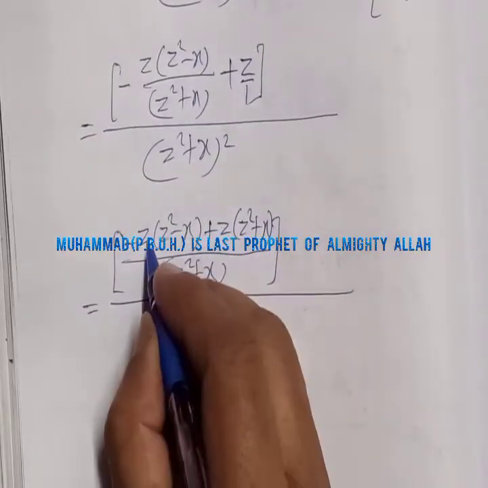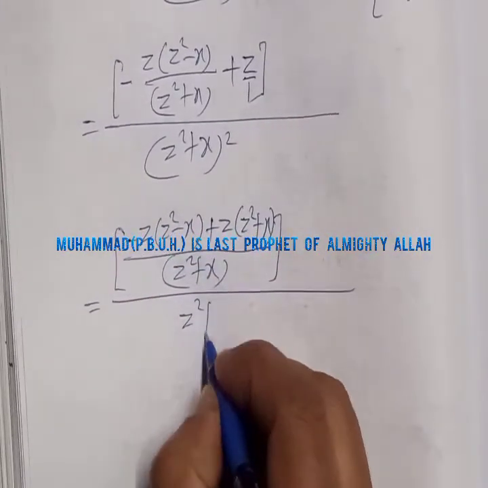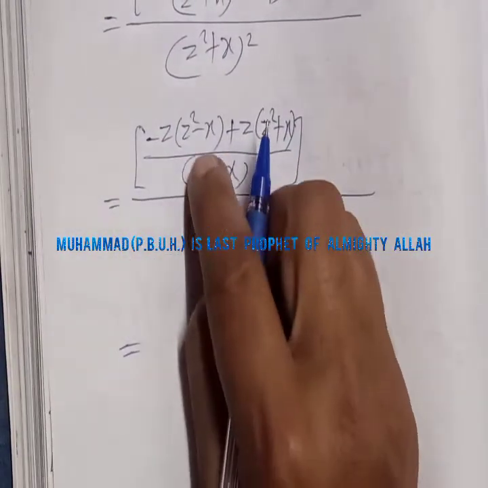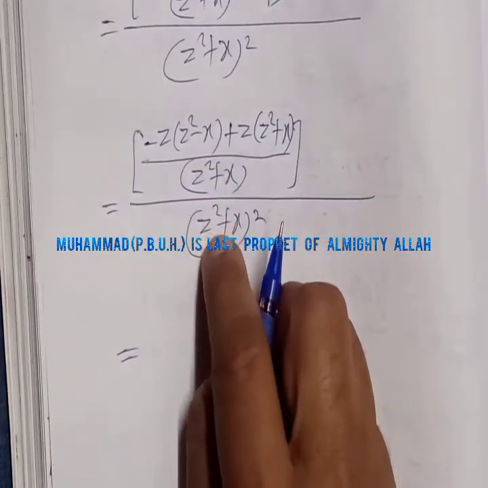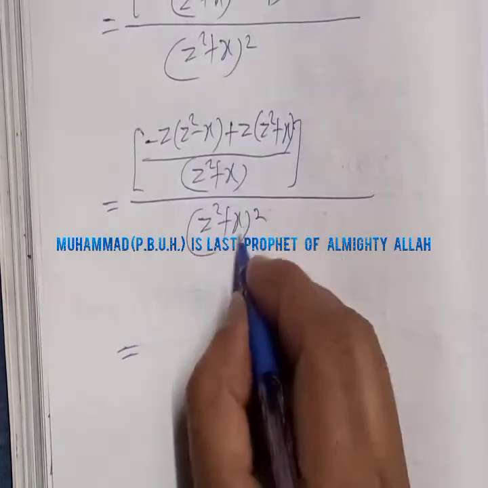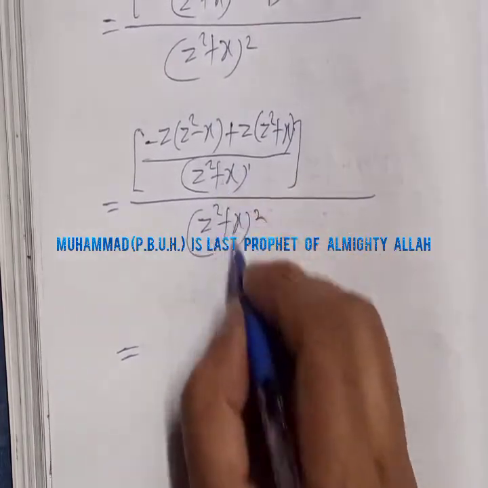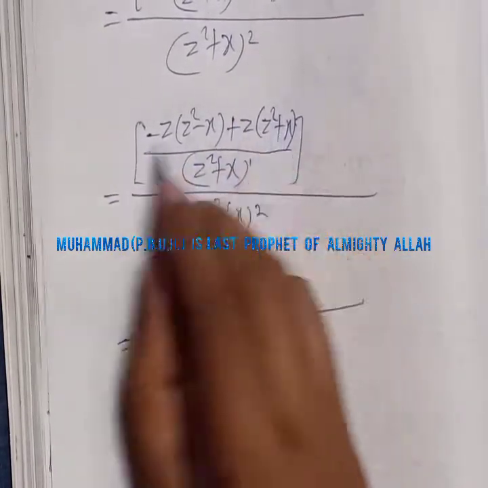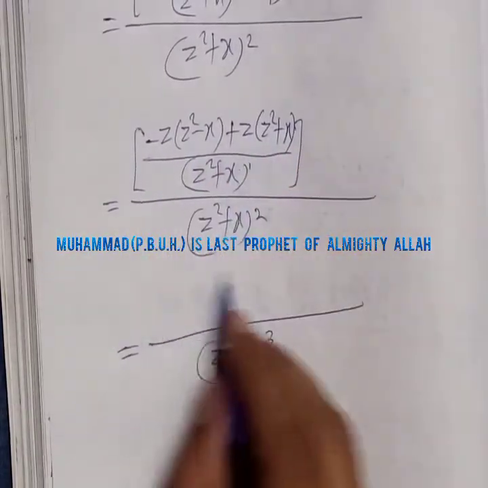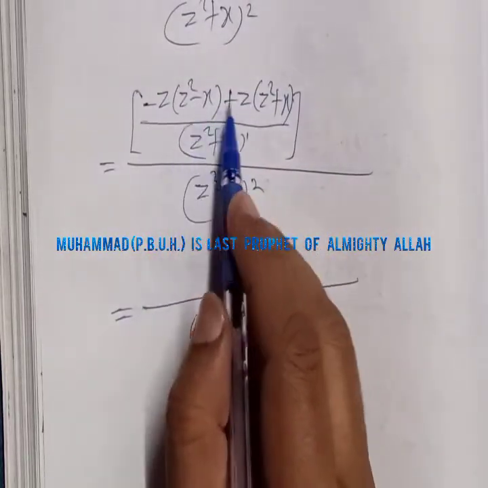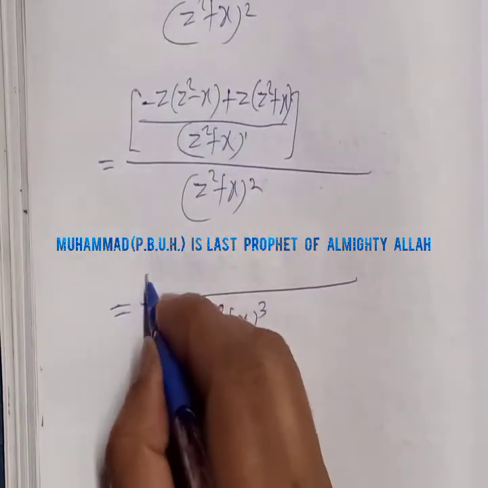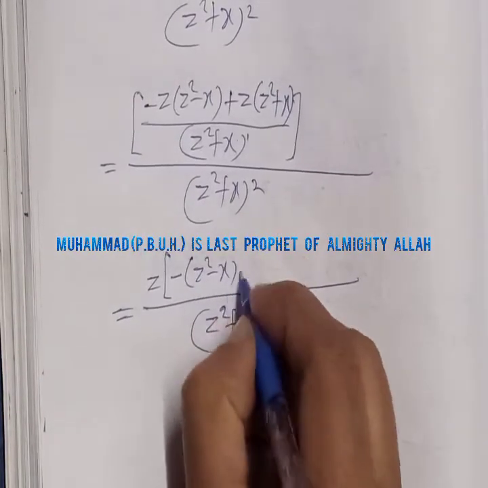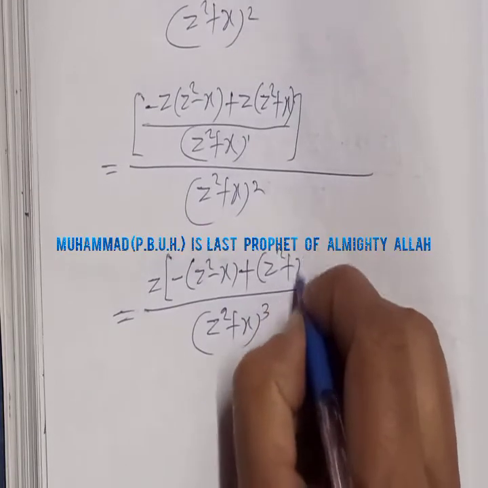We can also take out z from this bracket. This is the denominator, so it goes to this value of denominator and multiplies to this, then 1 power and 2 power becomes 3 power, z square plus x whole power 3, and we have to write this numerator here by taking z common out, and we get only minus z square minus x and plus z square plus x.